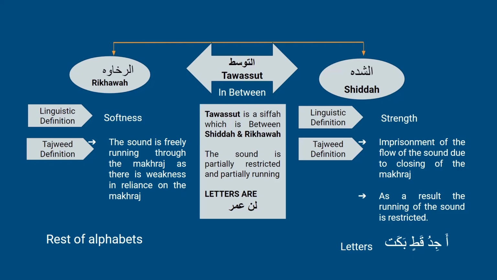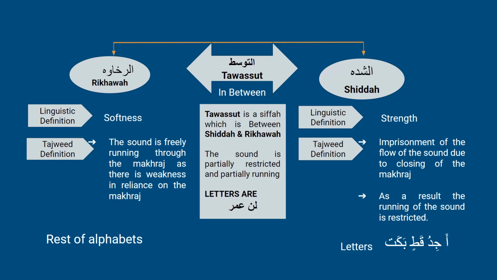In between Shiddah and Rekhawah, we have Tawasut, which literally means in between. So the letters of Tawasut are Lin Umar, that has Lam, Noon, Ain, Mim, and Ra. These are the 5 letters which have the characteristic of Shiddah as well as Rekhawah.